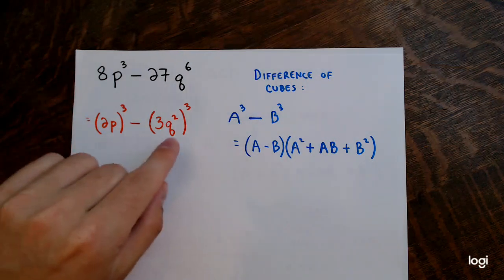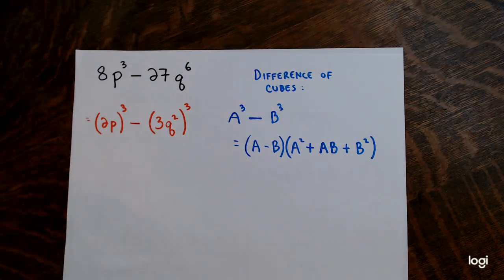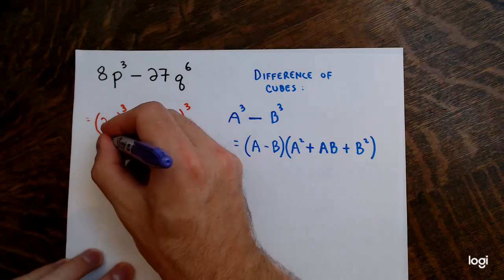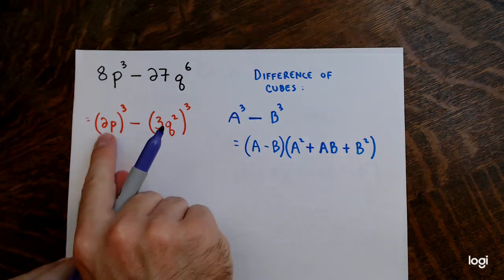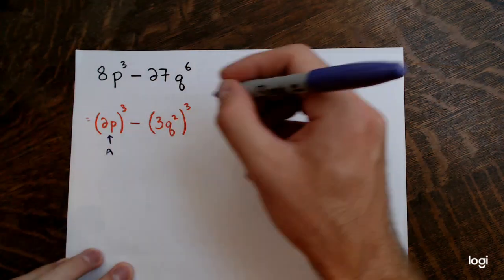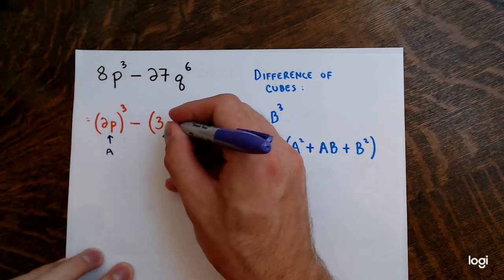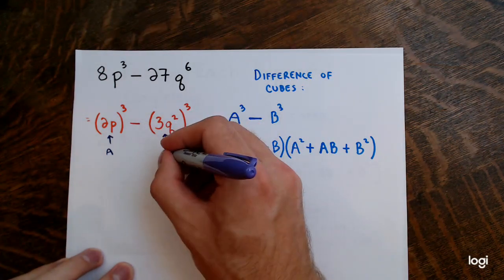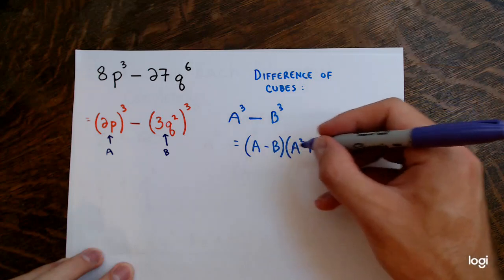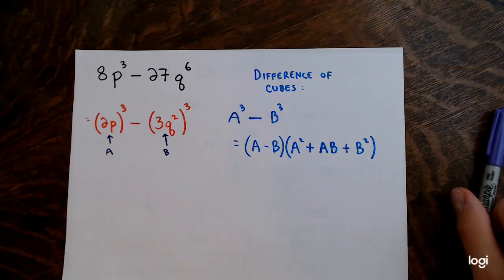Great, so I'm seeing that, yes, indeed, this is a difference of 2 cubes. So this 2p is going to replace all the capital A's, and this 3q squared in the parentheses here is going to replace all the capital B's in my formula for the factoring of difference of cubes.